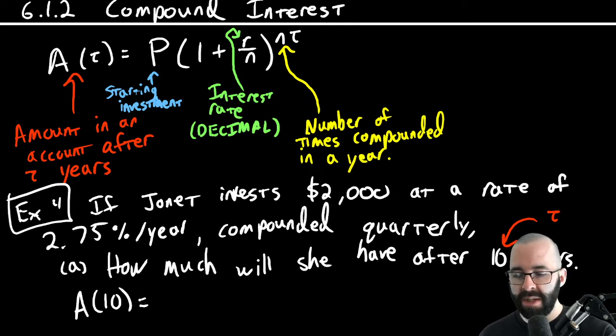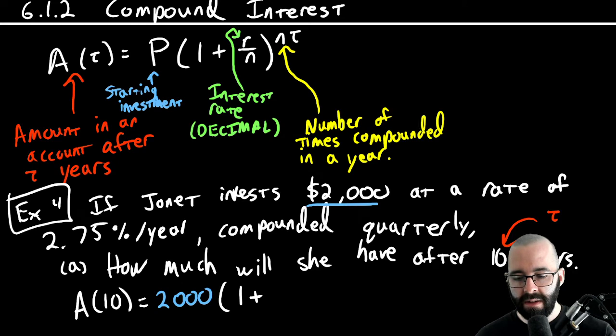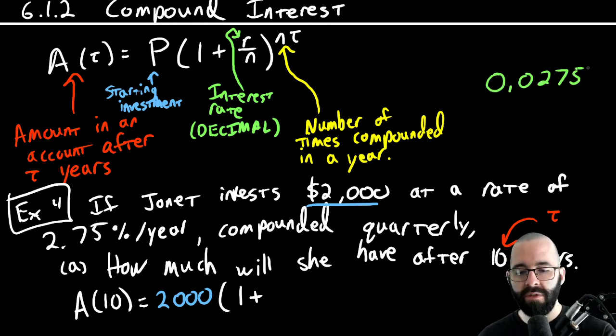What is our P? P is our principal, our initial investment, $2,000, times 1 plus R. R is our interest rate. It's not quite 2.75. Interest rate here is going to be 0.0275, right? 2.75%. Watch out for that.